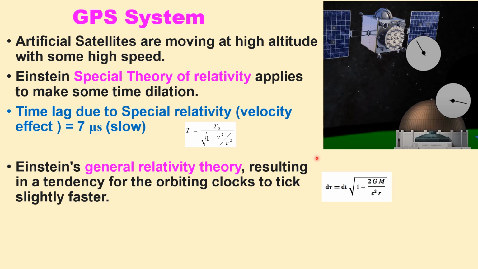And also due to the general theory of relativity, Einstein gave one equation for dτ equal to dt under root 1 minus 2GM by c²r, where G is the gravitational constant, M is the mass of Earth, c is the speed of light, and r is the distance or altitude of this satellite.